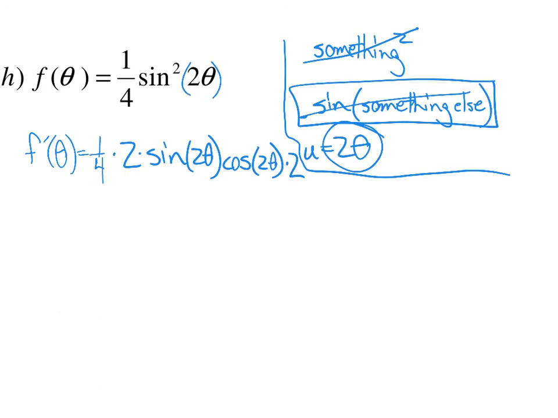So it's a chain inside of a chain. So then we go to simplify, and the 2 times 1/4 is all just 1/2. Sine 2 theta times cosine 2 theta.